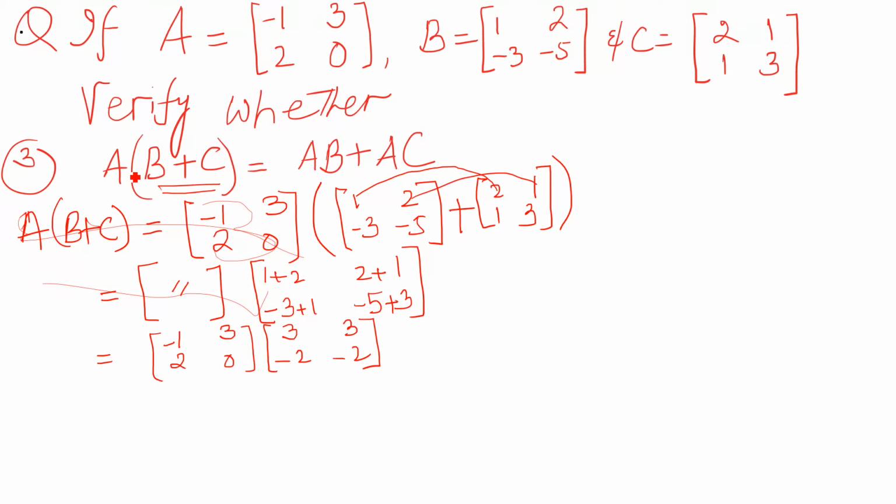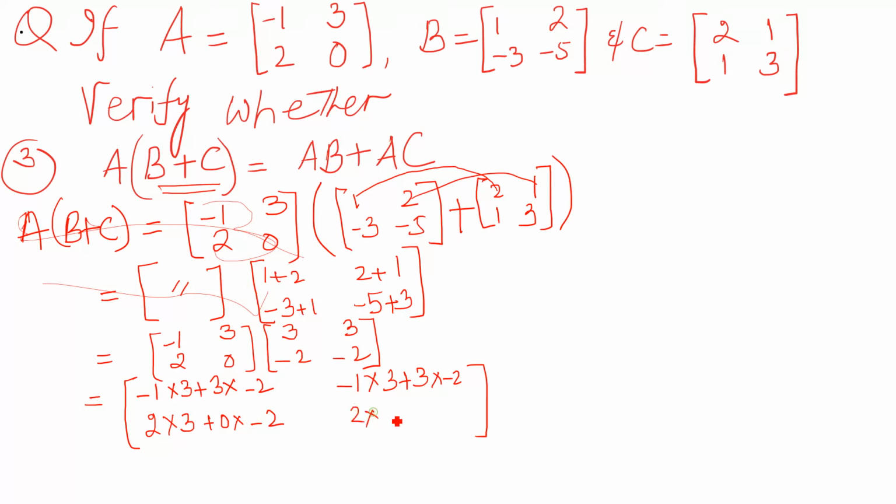Whatever is in the parenthesis, this is A. Now you have to multiply these two. Okay, I will do it for you. Right hand side, you have to do negative 1 multiplied by 3 plus 3 multiplied by minus 2. This row with this column, this row with this column, and same thing for the second one. 2 multiplied by 3 plus 0 multiplied by minus 2.